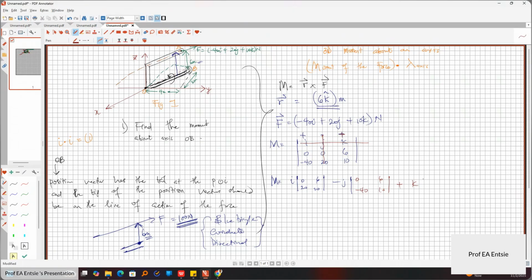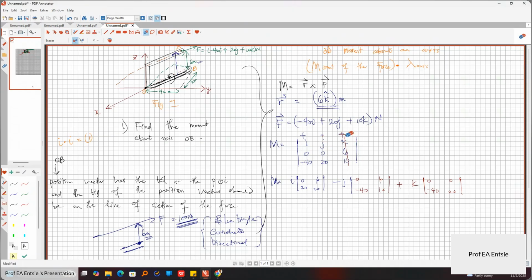So plus K. Then if I come to the K, it means I am crossing out everything on the K row and everything on the K column. So I'll be left with 0, negative 40, 0, 20.